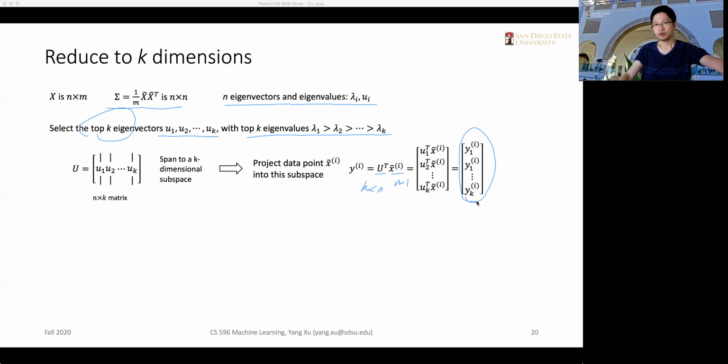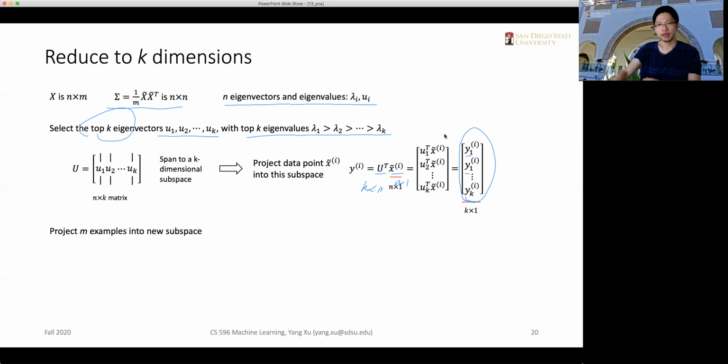Okay, so we only have k items left, which are the coordinates of x i's projection in the k-dimensional space. So we use a different name: y from y1 to yk, and these are the projections in the k-dimensional space from x tilde. Okay, so we project x tilde in the high dimensional space to y in the low dimensional space.